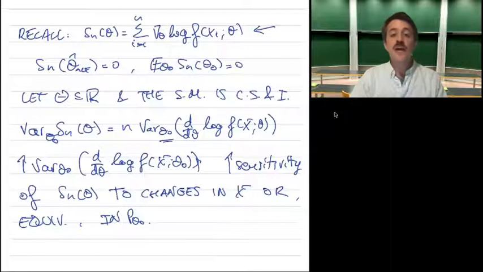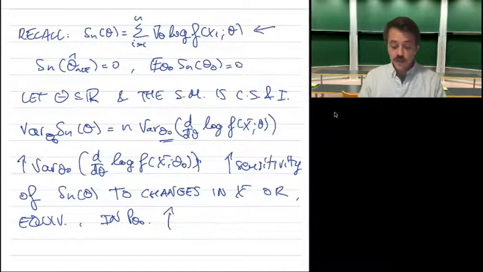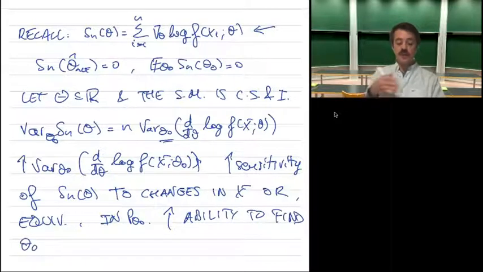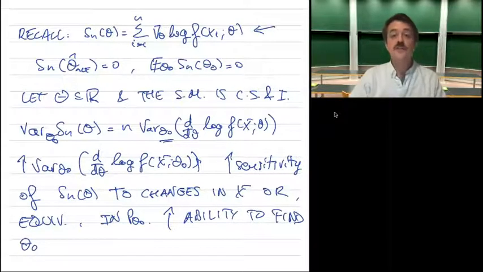So given that we have more sensitivity, another way of saying this is that as these increase, so does our ability to find theta naught, right? Because if we are very sensitive to changes in theta naught, then we should be able to pick it up easily, right?